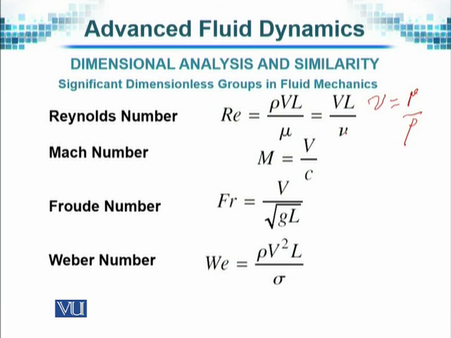Likewise, the Mach number is the ratio of velocity to the speed of sound. Everything is compared with the speed of sound, and you may have heard of aeroplanes flying with Mach number greater than 1 or 2, which is well known. The Froude number is a ratio of momentum forces and gravitational forces, because in the denominator gravity is acting.